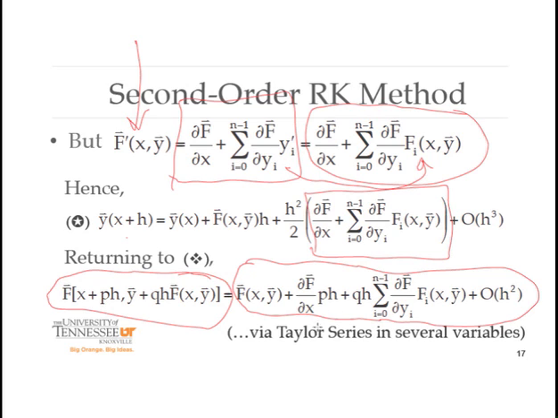It's a way of saying, if you want to advance in x and y, it's f where you currently are, plus partials times h, and then you have terms with these partial derivatives with respect to all the y_i's times f. So we now have a representation of that component of the second order Runge-Kutta method that involves terms that come from the original ordinary differential equation.